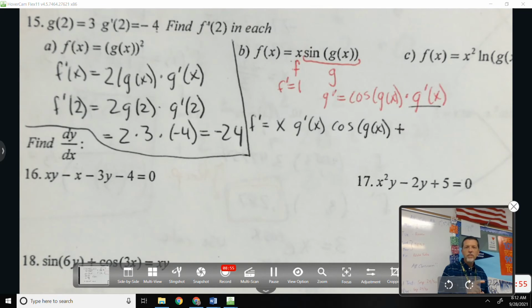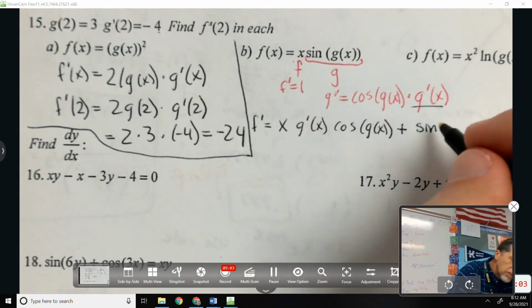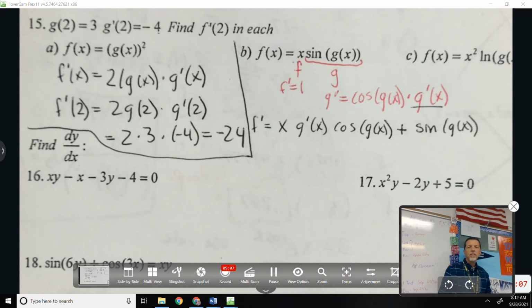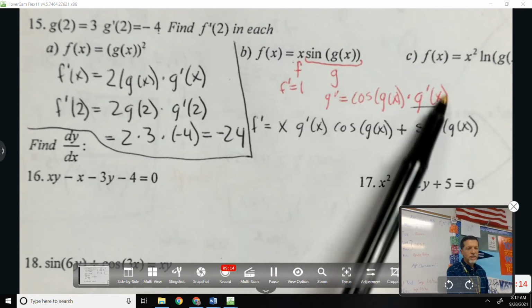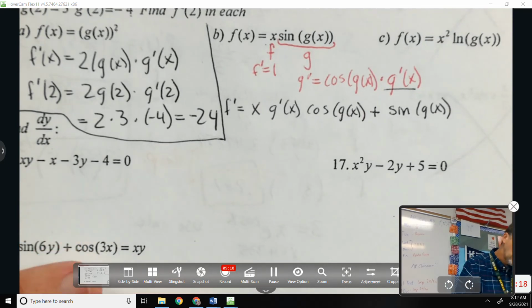So that was first times derivative of the second plus second times derivative of the first. Oh, that one's easier because the derivative of first is 1. Sine of g of x. Yeah, that's one where I would not product rule in place. That was a complicated derivative there, so I showed my work on that one.